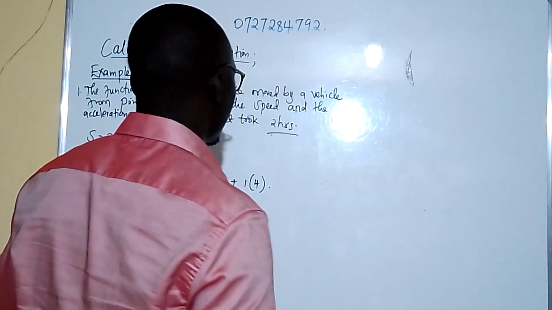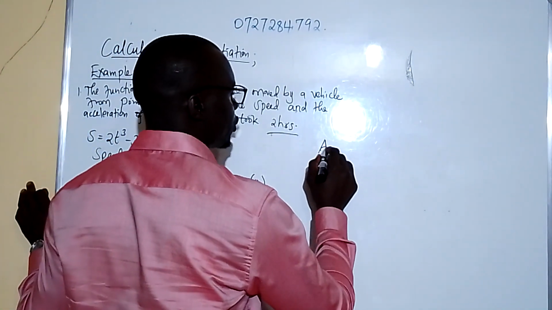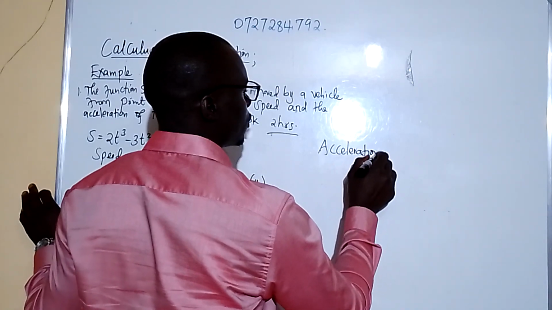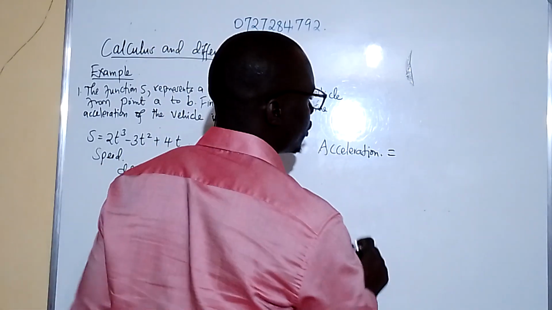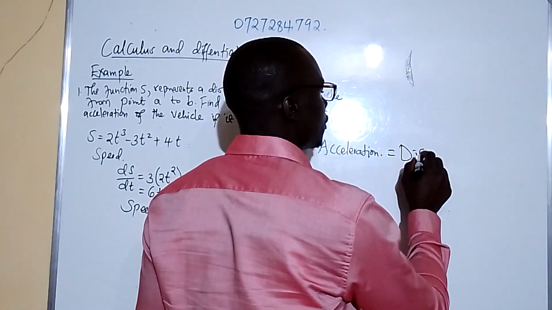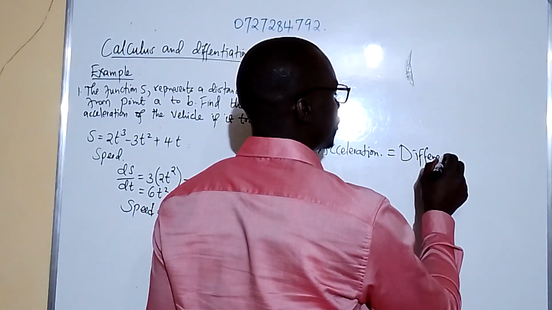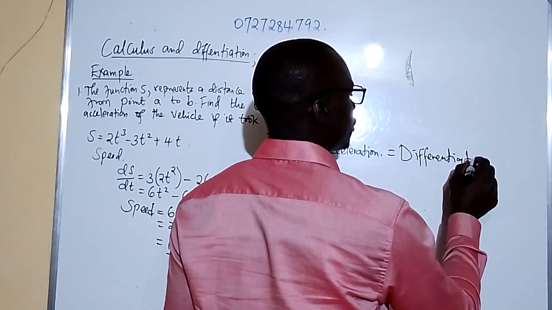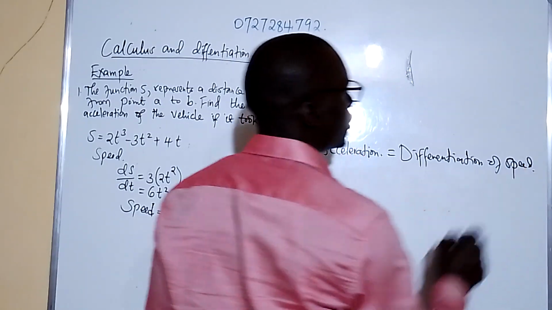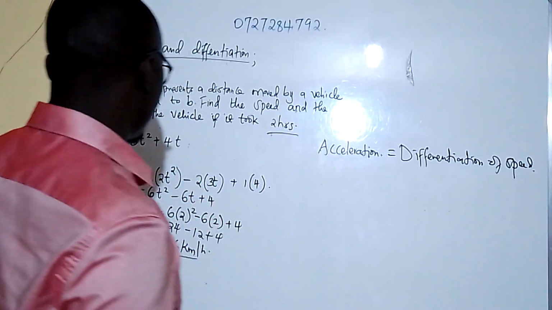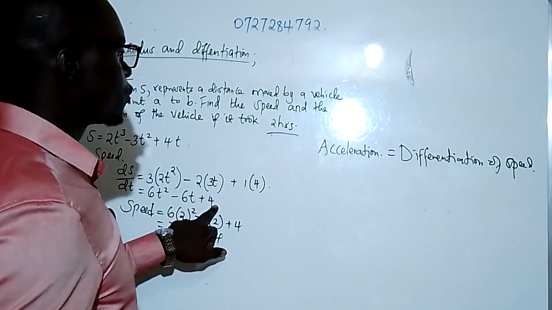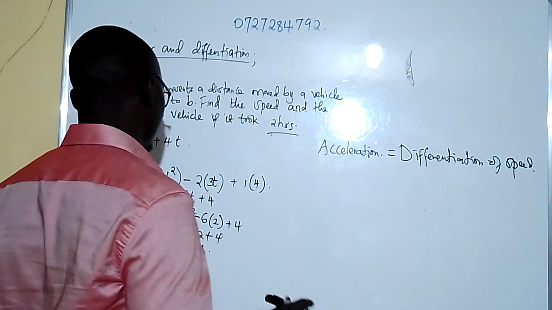Let us now move to the next one, which is acceleration. Acceleration is the differentiation of speed. So if we differentiate speed, and our speed is here, we come up with our acceleration.